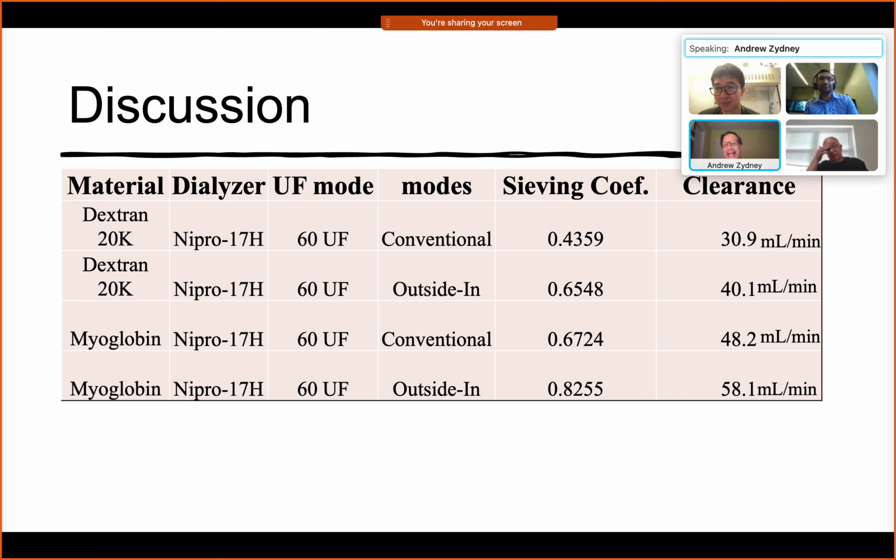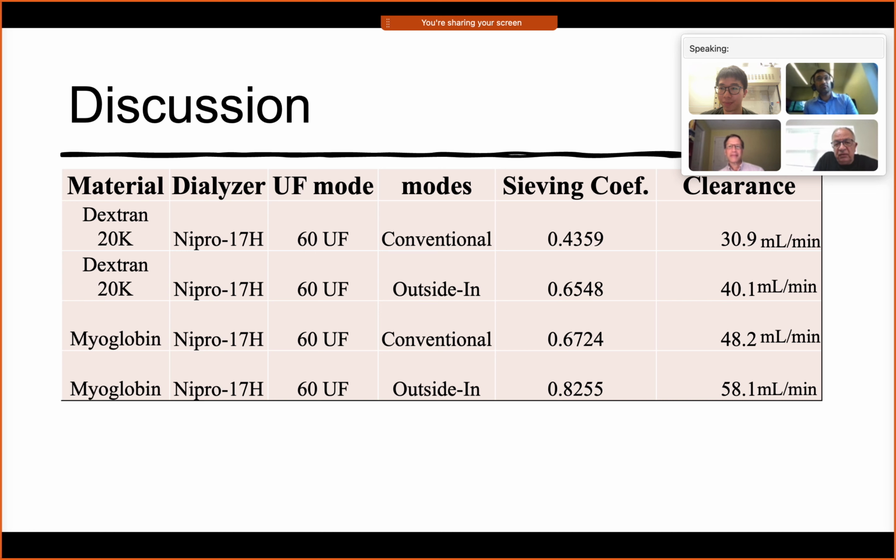It could be that 20 mils per minute is diffusive, and so it's only half of what you see in the outside-in, but it's still 20 mils per minute, and maybe it's only 15 mils per minute. So it's probably not the dominant contribution, but it's probably a meaningful contribution to the overall clearance, if I had to guess.